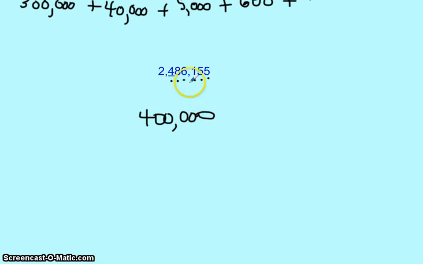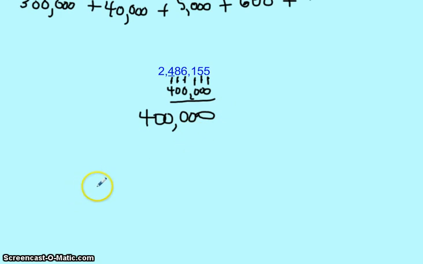Also, remember the tip that I gave you: if you forget the place value, write that digit that you're interested in down right below it. And for every other digit, we're going to replace that with a 0. So as you can see, it still equals 400,000.